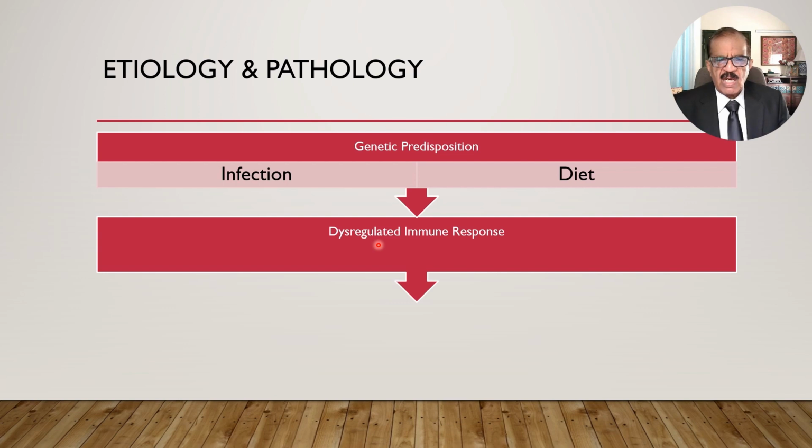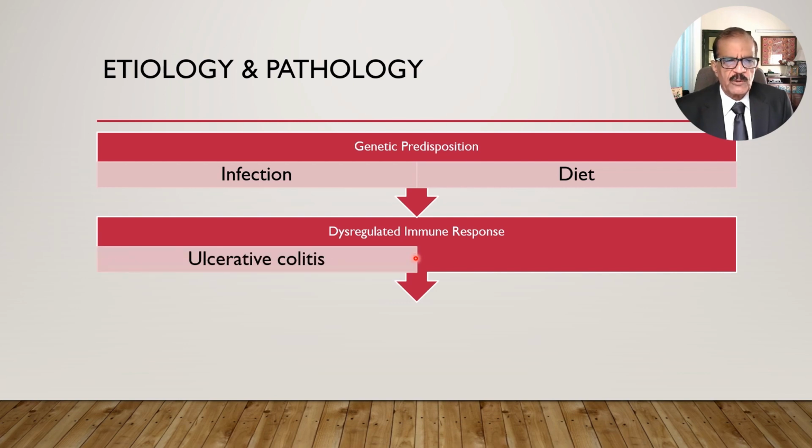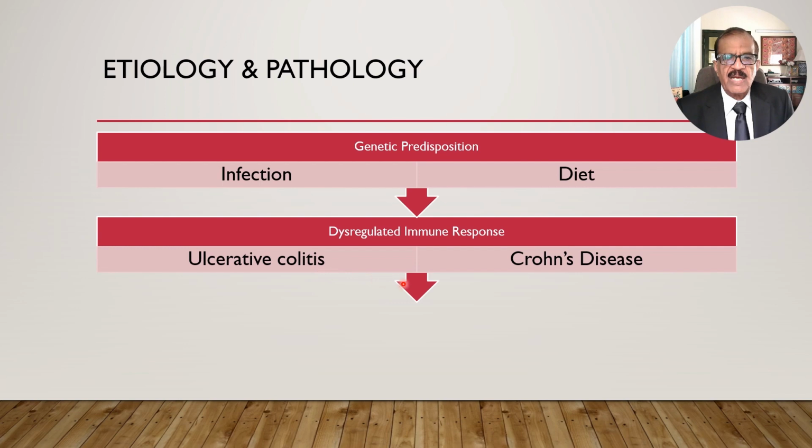So the gut is very fully equipped to counter these bacteria. This immune mechanism gets dysregulated and leads to pathology. What kind of dysregulation, we don't know, but perhaps one type could lead to ulcerative colitis and another mechanism could lead to Crohn's disease.